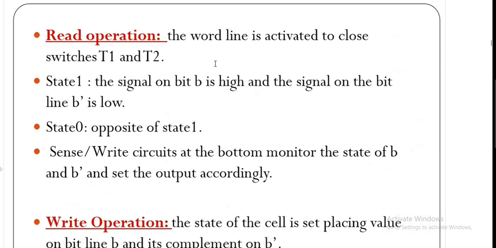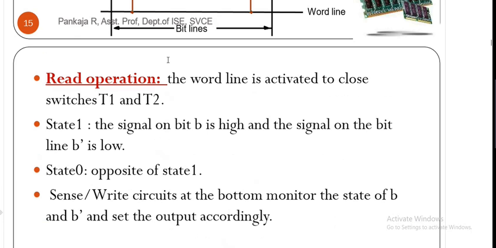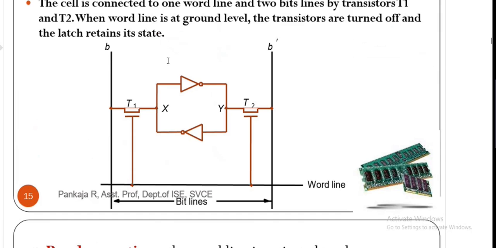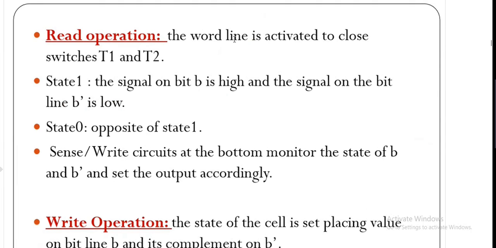The read operation takes place in this manner: the word line is activated to close switches T1 and T2. I already told you, whenever it comes for either read or write operation, first it has to activate the word line. That's what I'm explaining, how it is done: the word line is activated by closing the switches T1 and T2.